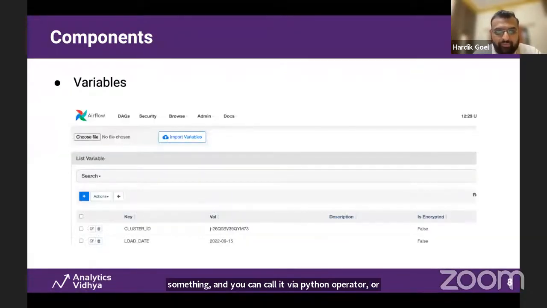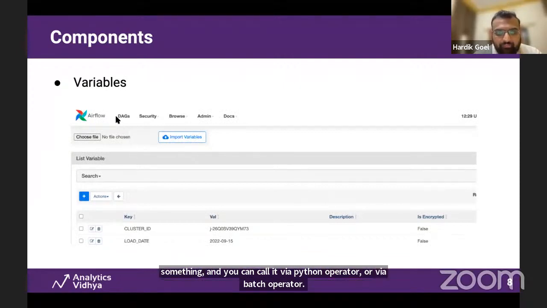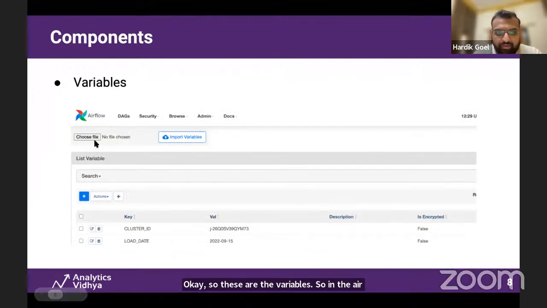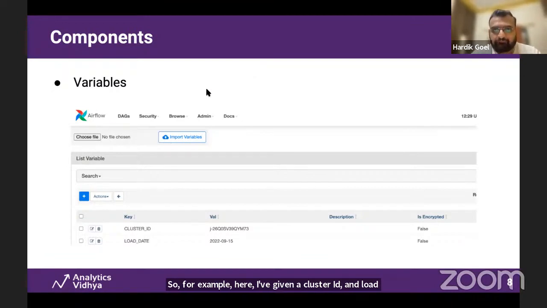Okay. So these are the variables. So in the Airflow UI, when we'll see the Airflow UI, we'll be seeing the variables. So for example, here I've given a cluster ID and loaded. So what are variables? Think of it this way. You have written a DAG, and now your DAG is being used at multiple places in multiple projects, for example, right? One such project has an EMR, which is of a different account.